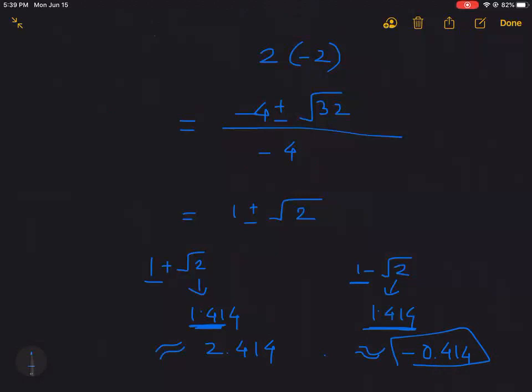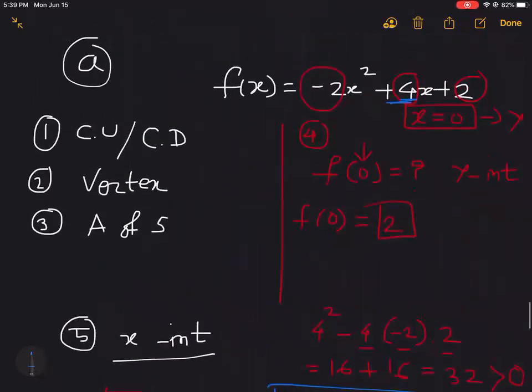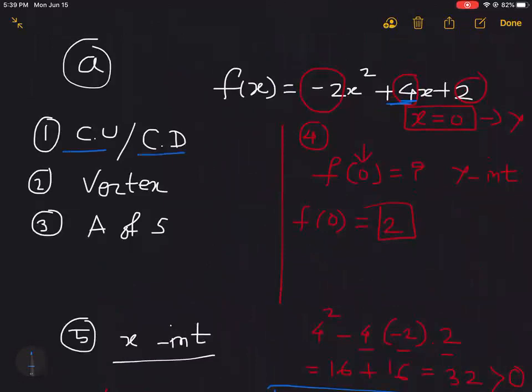Now, we want to graph a quadratic equation by using its vertex, axis, and intercepts. If we are given a particular function, we can calculate these 5 things from that: whether it's concave up or down, what's the vertex, where is the axis of symmetry, what's the y-intercept, what's the x-intercept.